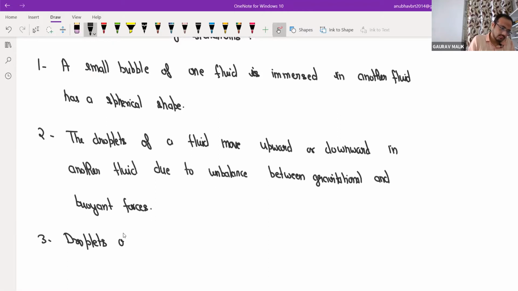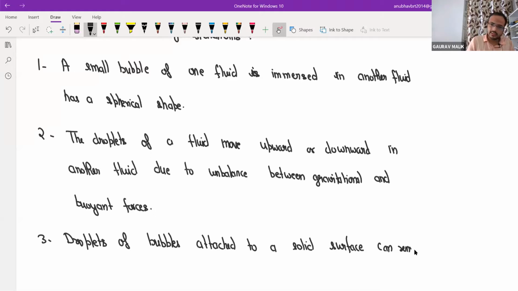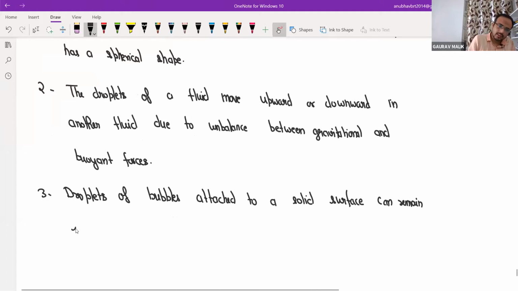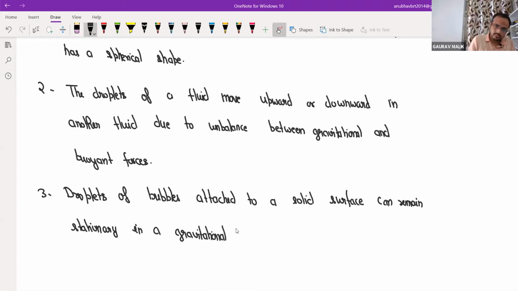Third one, droplets or bubbles attached to a solid surface can remain stationary in a gravitational field if the surface tension exceeds buoyant forces.